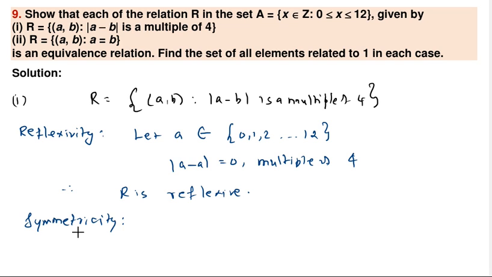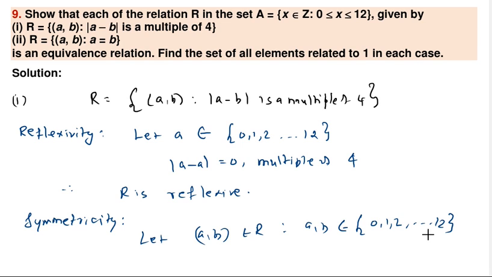Then, to discuss the symmetric nature, symmetricity, let us take an arbitrary member. Let (a, b) belong to R. Here a and b are members of the set 0, 1, 2 up to 12.